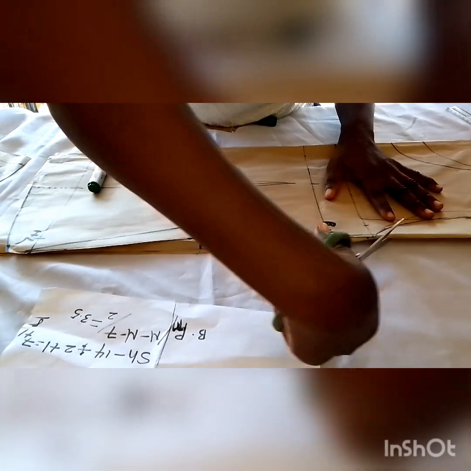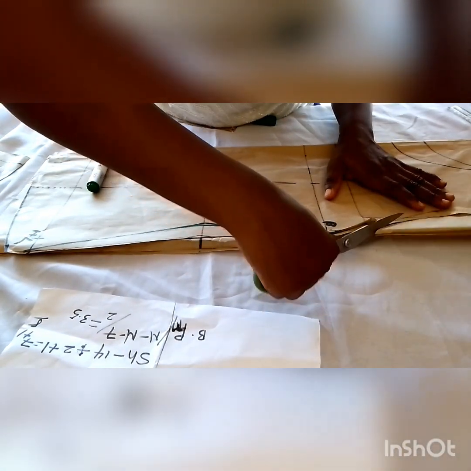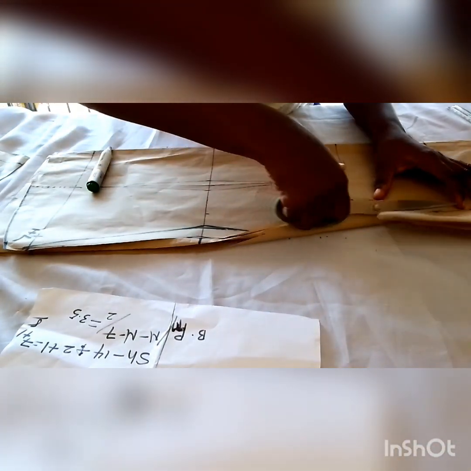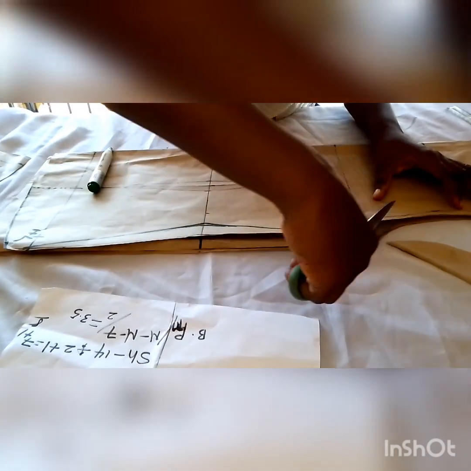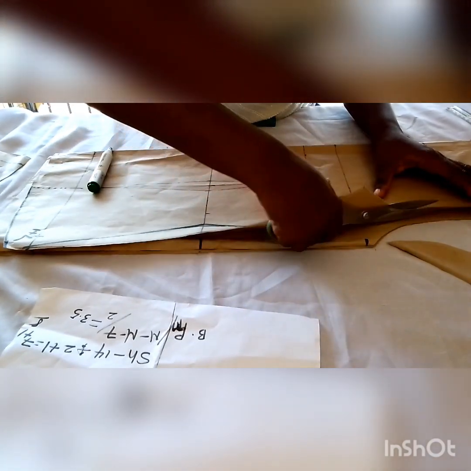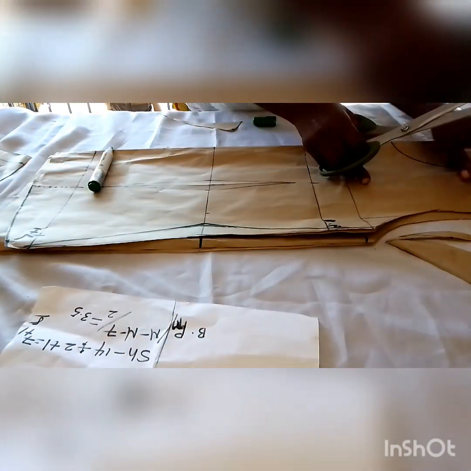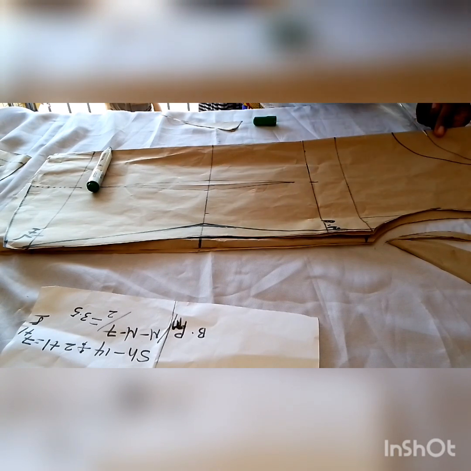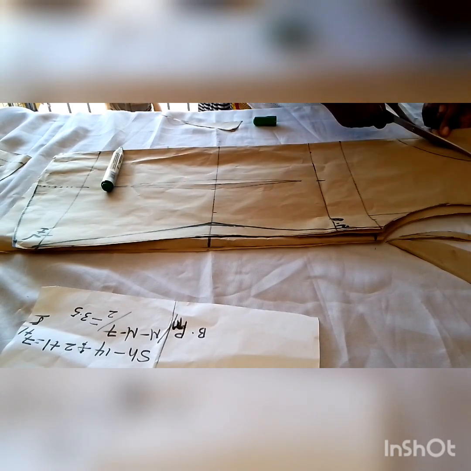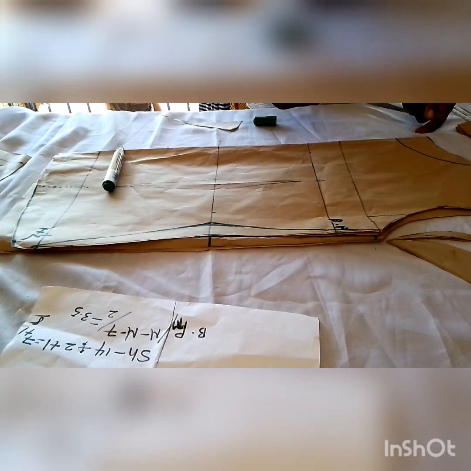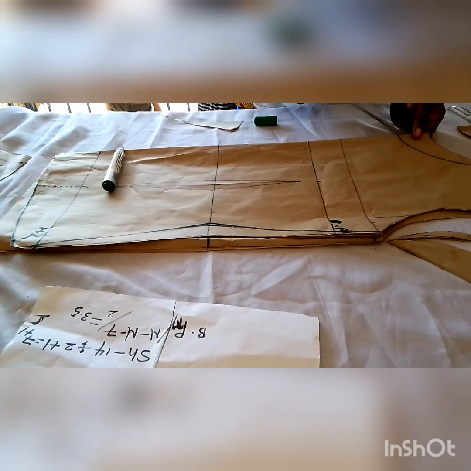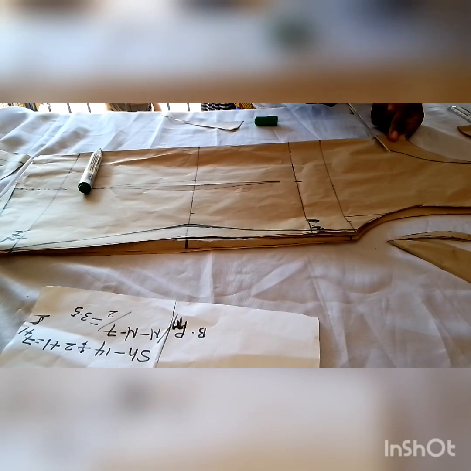Just use this to cut the back armhole. And I can trim off the front armhole right now for only the front. Then the back neckline. Then the front neckline for only the front.